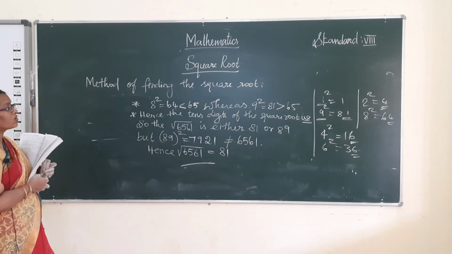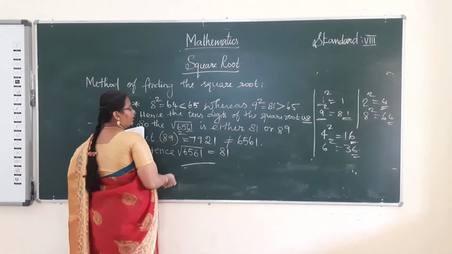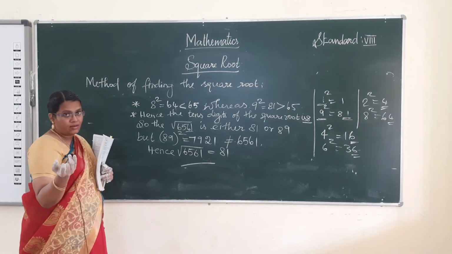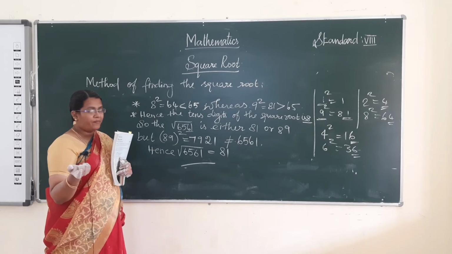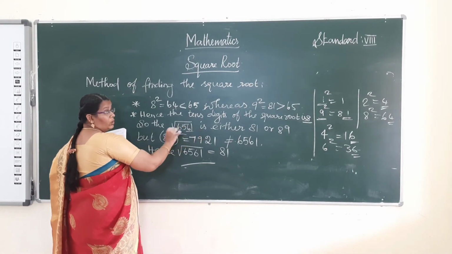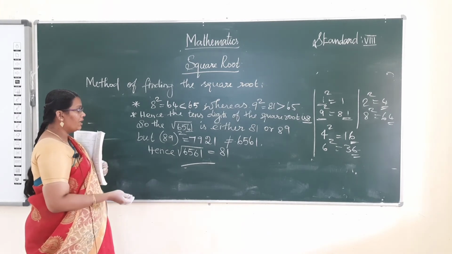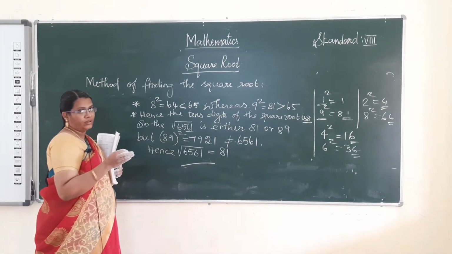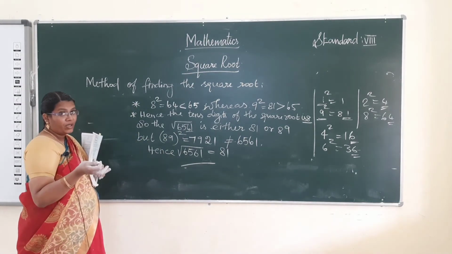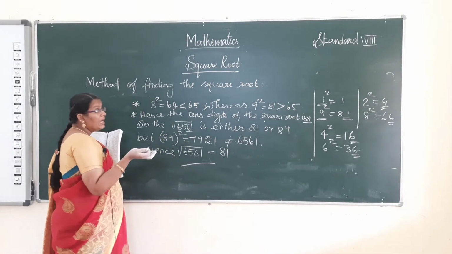That's all. This method is called the ones-tens method. First check the ones place of the given number, then strike out the last two digits from the right and consider the remaining number. For 65, 8 squared is 64, which is less than 65, whereas 9 squared is 81, which is greater than 65.